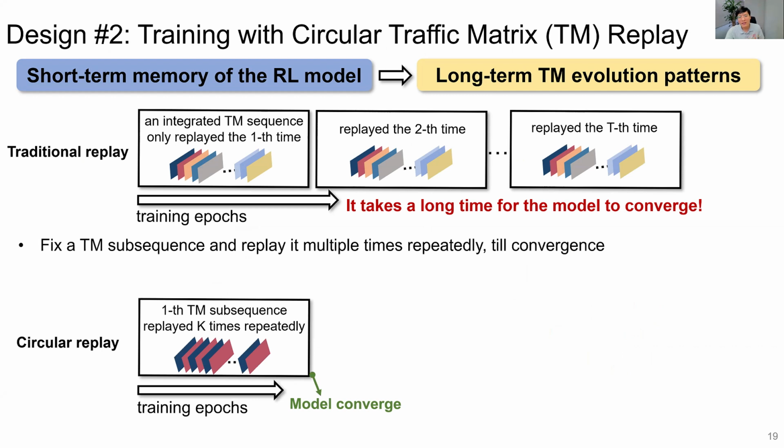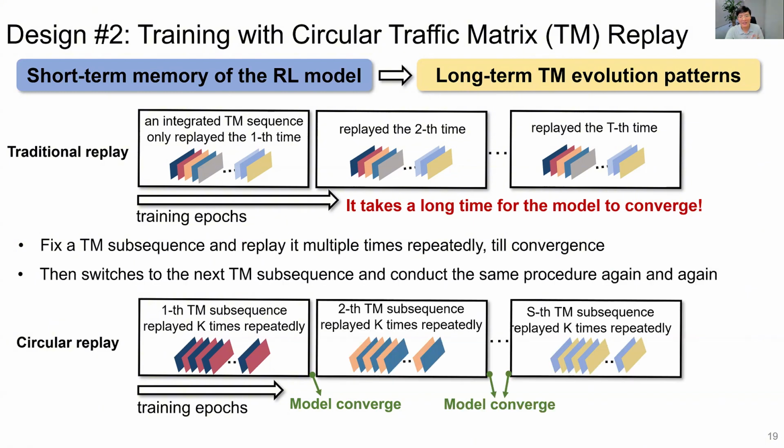Instead, we fix a shorter TM subsequence and replay it multiple times until model convergence, then switch to the next TM subsequence. In this way, agents experience the same TMs multiple times in the shortened memory, and the effect of the new incoming TMs can be mitigated, so the model can converge faster.